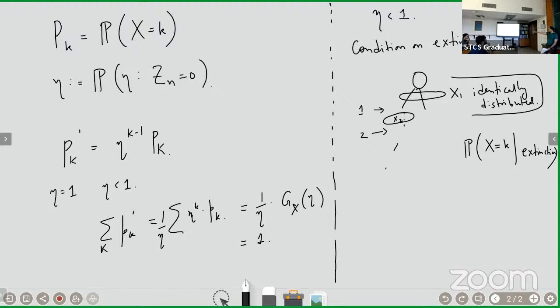Once you can characterize this distribution, then for the new distribution you have to show that eta equal to 1 is the only solution. One way to do that is to show that the expected value of that new random variable is less than 1, because we already showed that if any branching process has expected value less than 1, then it definitely goes extinct.